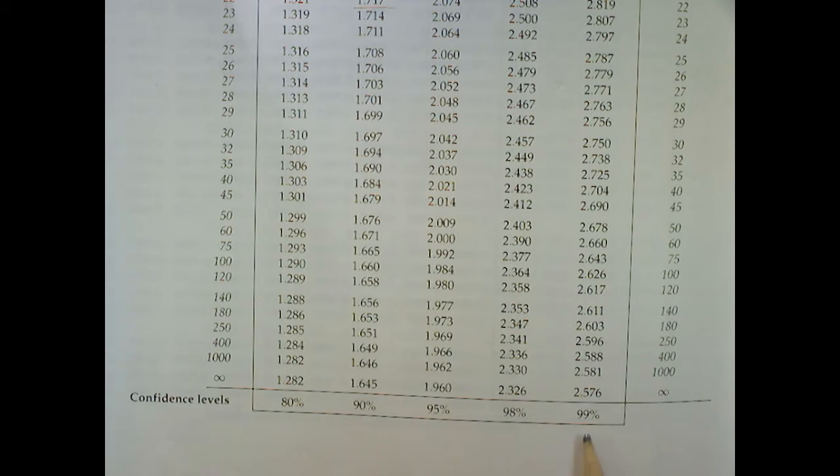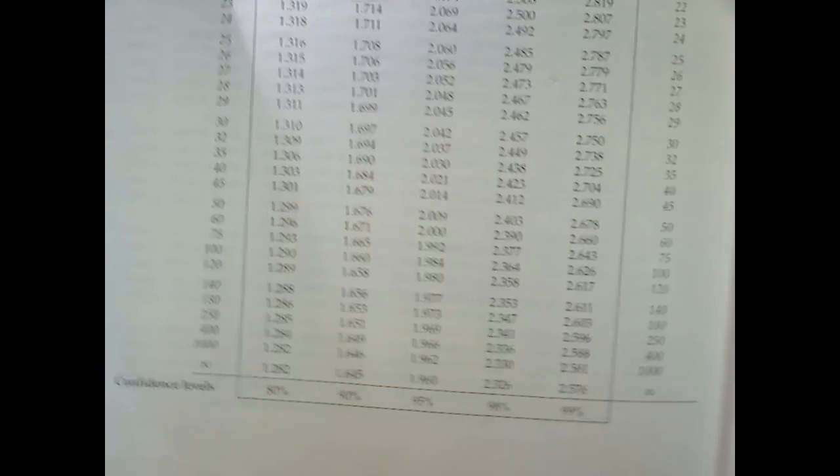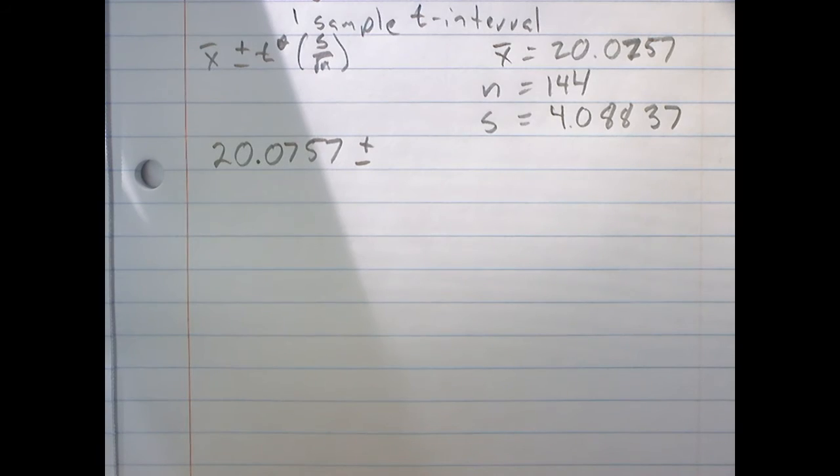We're looking for a 99% confidence interval, so our t-score is going to be 2.611. We could try and interpolate, but whatever. Since this is larger, it's going to be a worst case scenario anyways. So we'll just go with 2.611.